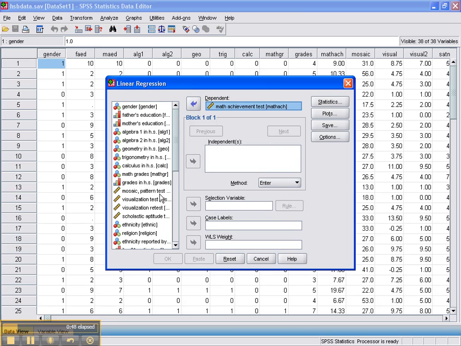Where is it? Here we go. Okay. So what we're saying here is that we are about to examine the degree to which grades in high school predicts math achievement.